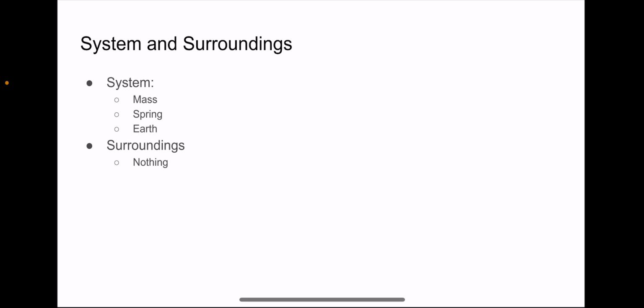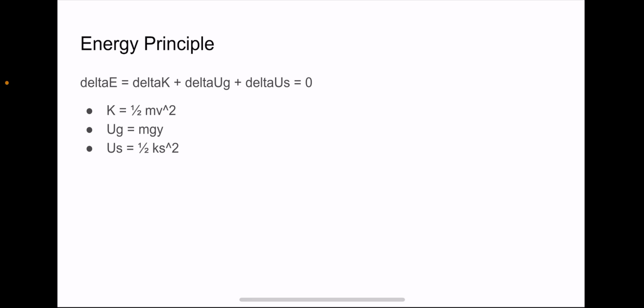So for our system and surroundings, we have the mass, the spring, and the earth as our system, and as our surroundings, we have nothing. And when doing the calculations for this lab, we'll be using the energy principle, which in this case is delta E equals delta K plus delta UG plus delta US equal to 0.